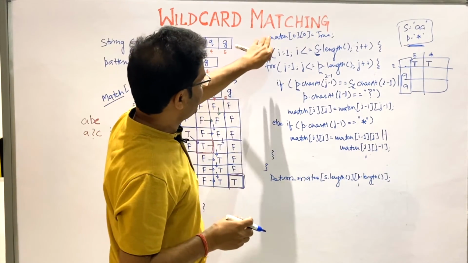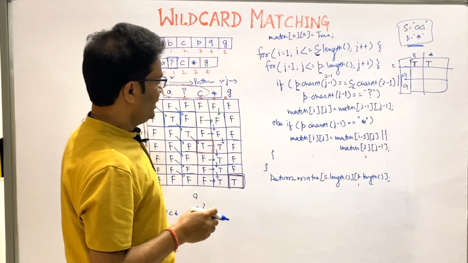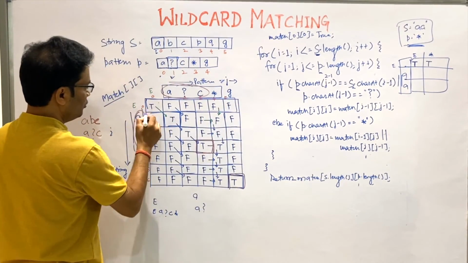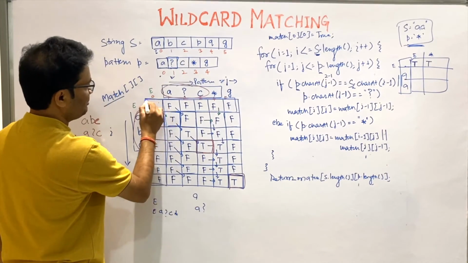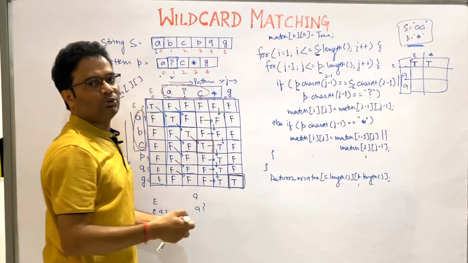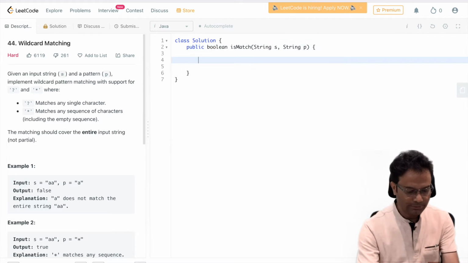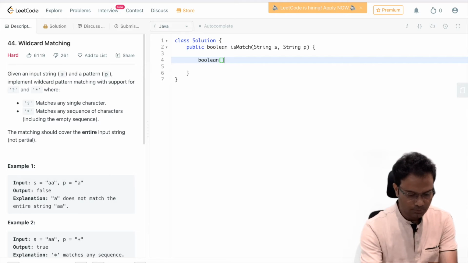So when you make this match DP, we have to first fill this row and this column, keeping this condition in mind. That I will show in the code. So first, what you have to do, we have to create one two-dimension boolean array.